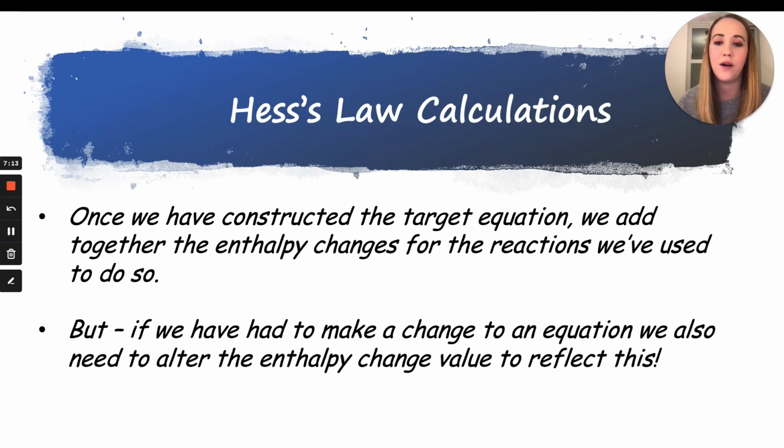So if we are multiplying an equation, we do the same to the delta H. Or if we're reversing an equation, we do the same to the delta H. As long as we remember that we change an equation and do the same to the delta H, and as long as we're careful to get exactly the target equation that we're looking for, then we'll get the correct enthalpy change for that reaction.